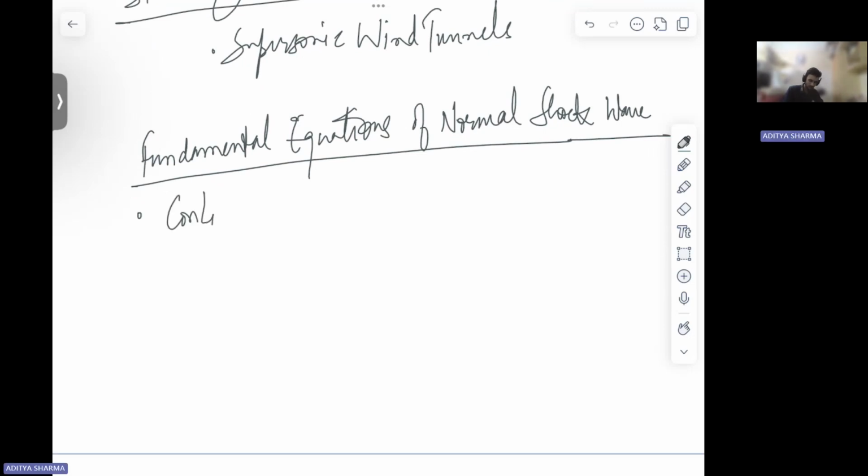First is your continuity equation, which is this.